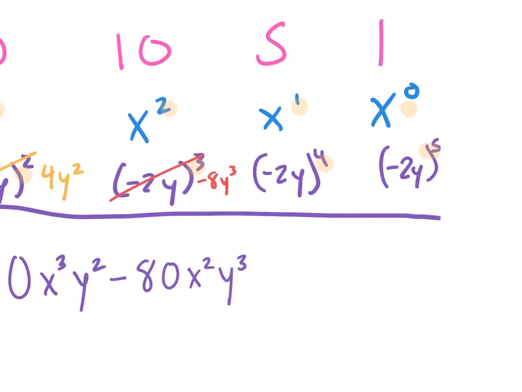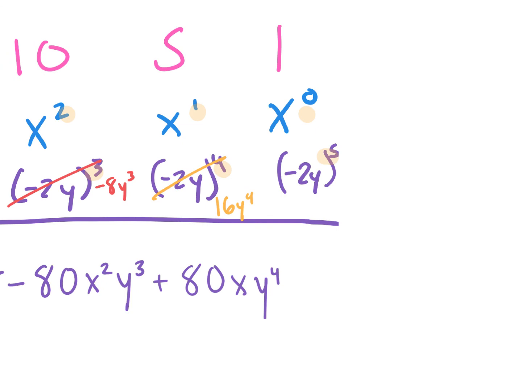All right, and the next one, I have negative 2y to the fourth power, so it's negative 2 to the fourth power. 16. Positive 16y to the fourth power. So I'm just multiplying 5 times 16 here, which is positive 80. And then x, y to the fourth power.